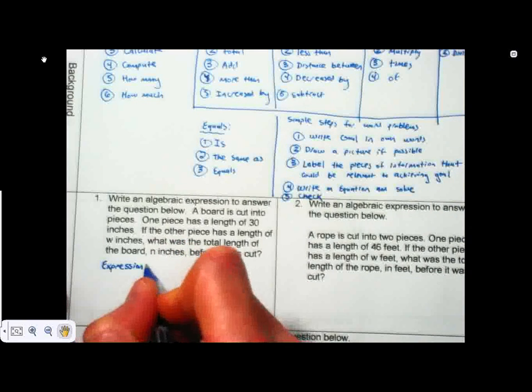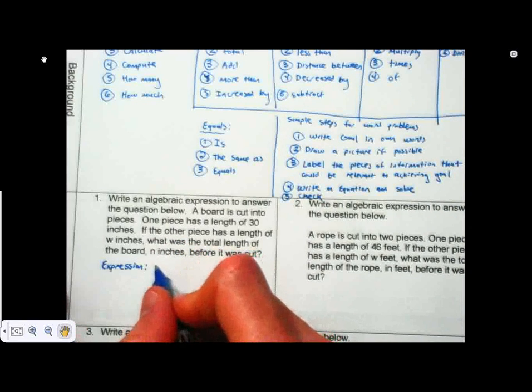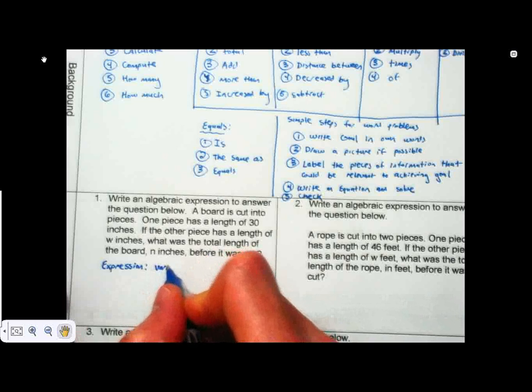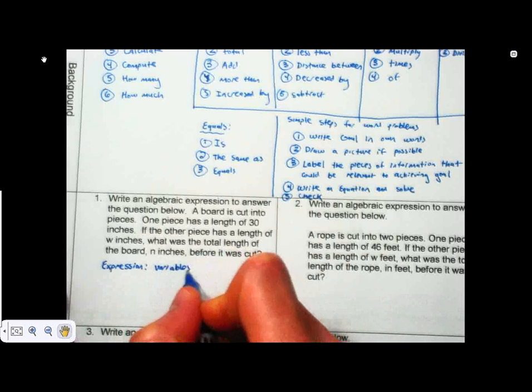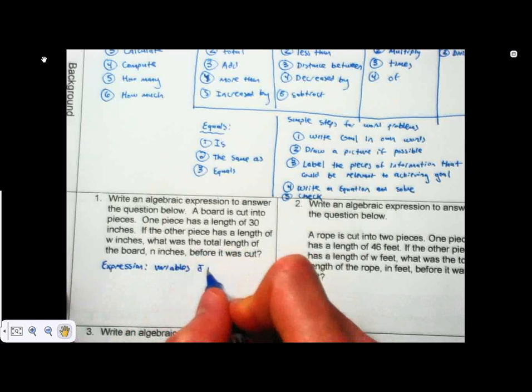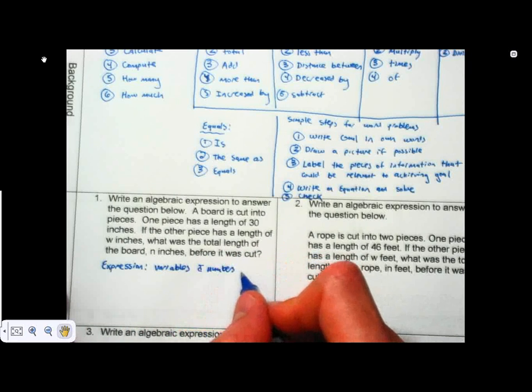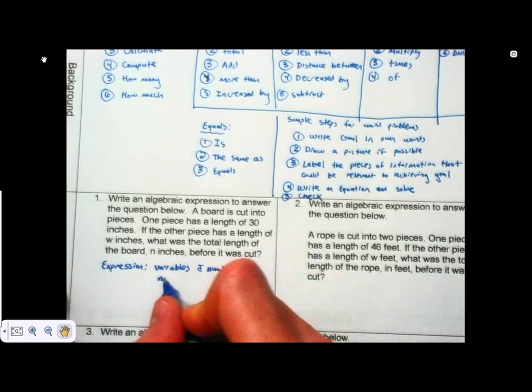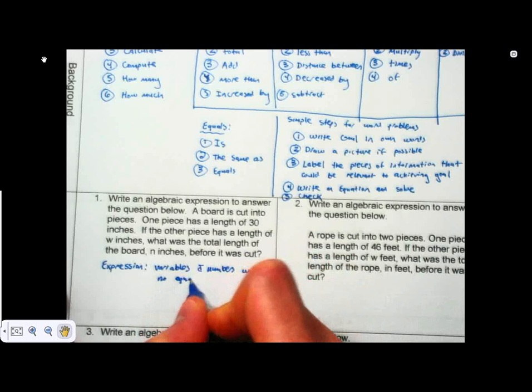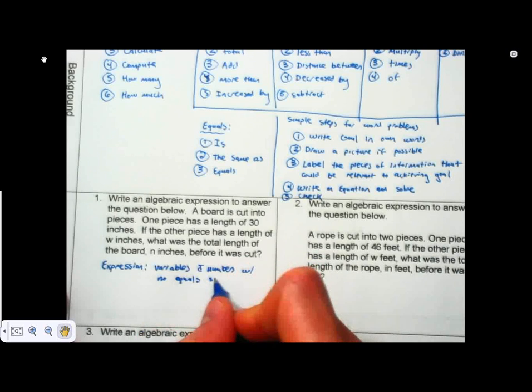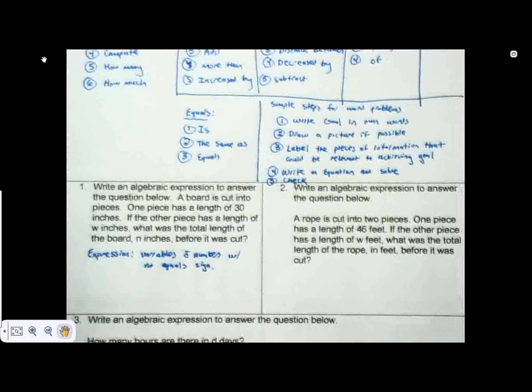An expression is just going to be a series of variables and numbers, and there won't be an equal sign. So just bear in mind that we're probably going to get answers here that aren't going to be nice, neat numbers. So let's take a look at example number 1.